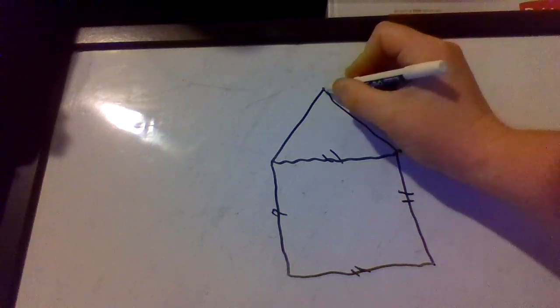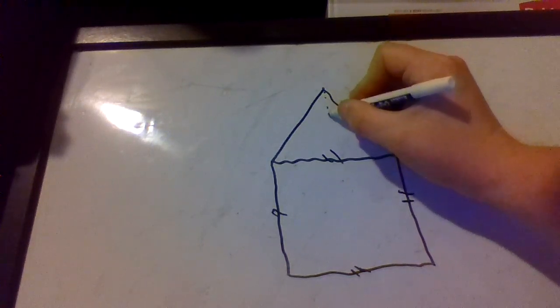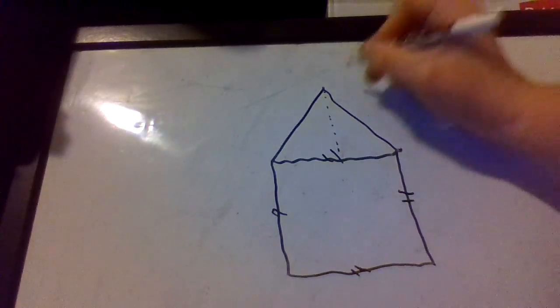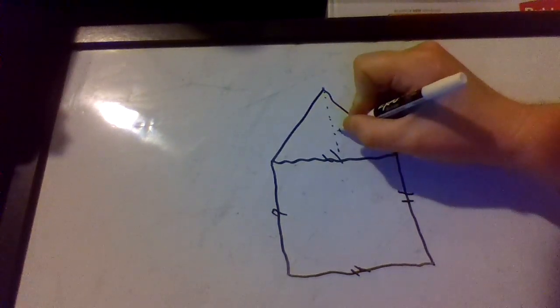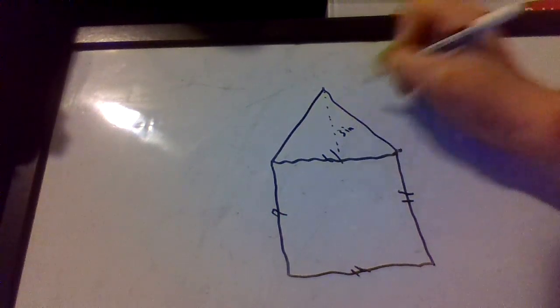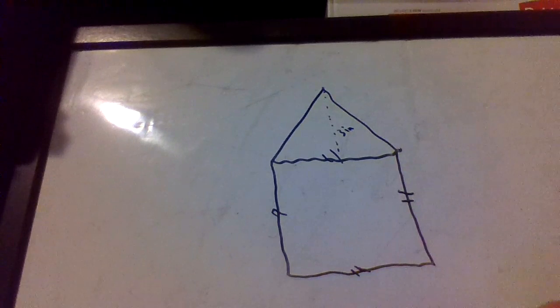And the height of this triangle is 3 inches. Now we know that the height of that triangle is not 3 inches. But for the sake of what we're doing, we're going to say it is.